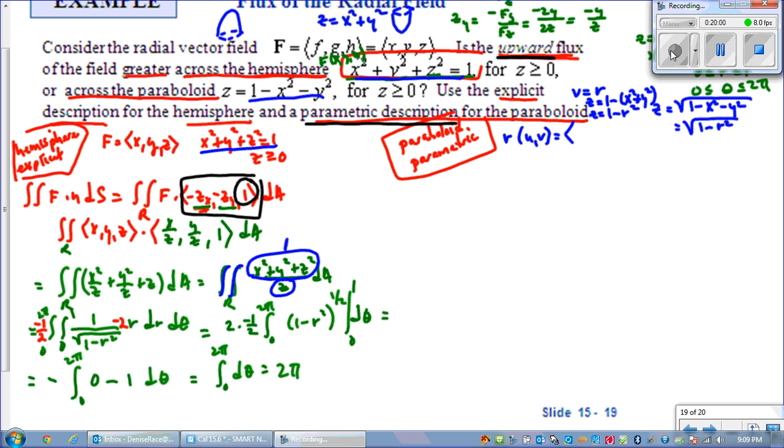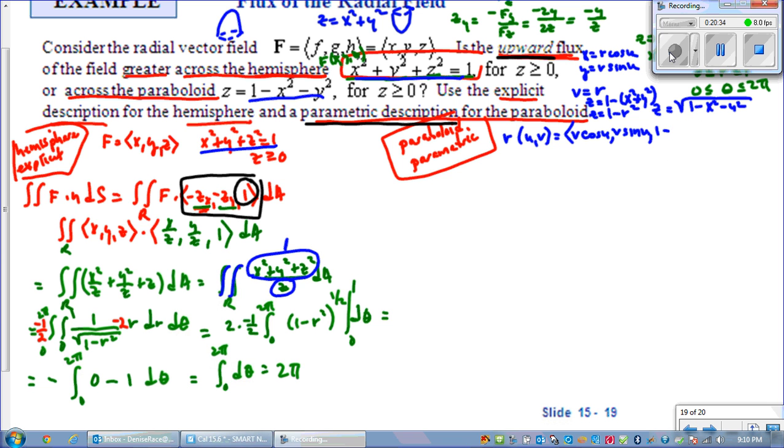Okay, and in my equation, x equal to r cosine of u, instead of theta, and y equal to r sine of u, I'm going to use the v. So I'm going to have v times cosine of u, v times sine of u, and then the z value will be 1 minus r squared. V squared, I'm sorry.